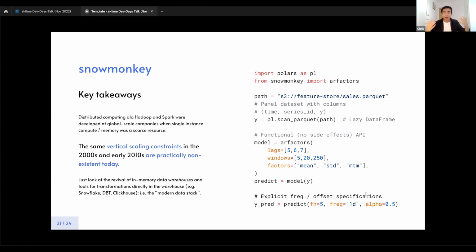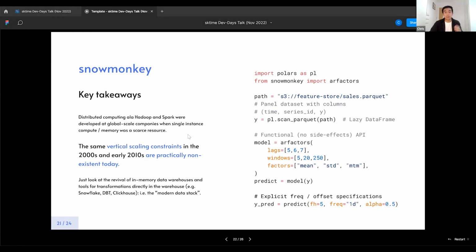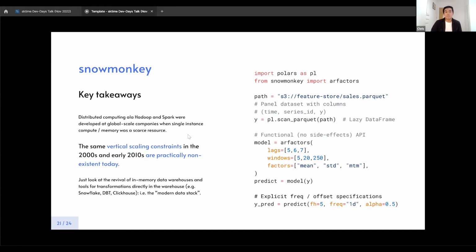The paradigm which companies like Nixtla, or perhaps even researchers or companies like yourself right now, where you're using univariate models, were developed at global scale companies, Google scale companies, when single instance compute and memory was a very scarce resource. But the same vertical scaling constraints do not exist anymore. They're pretty much non-existent.